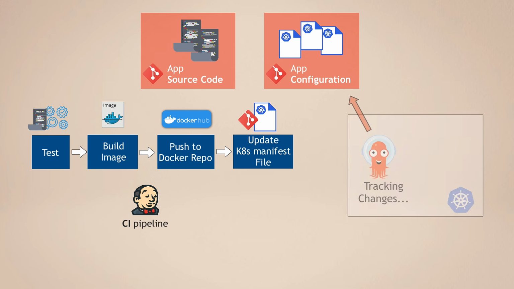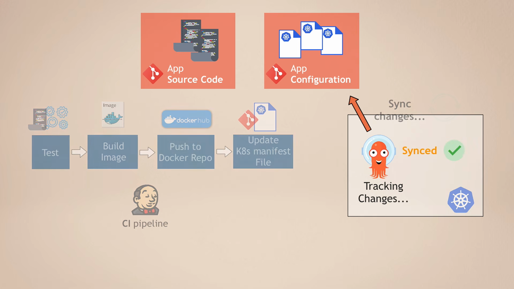And as soon as the configuration file changes in the Git repository, ArgoCD in the cluster will immediately know about it because we configured it at the beginning to constantly monitor the repository for changes. And it will pull and apply those changes in the cluster automatically.